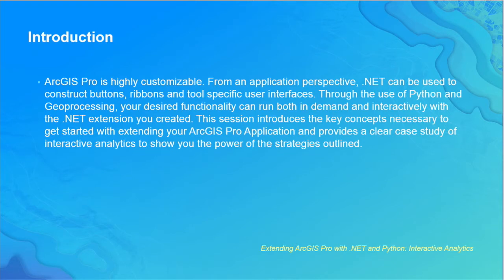If we want to introduce new interactive properties in Pro, we have to use .NET as a base. We need to try to include .NET in our workflows, but when we want to process information, Python is the way that you want to go. The combination of both is going to improve your workflows.